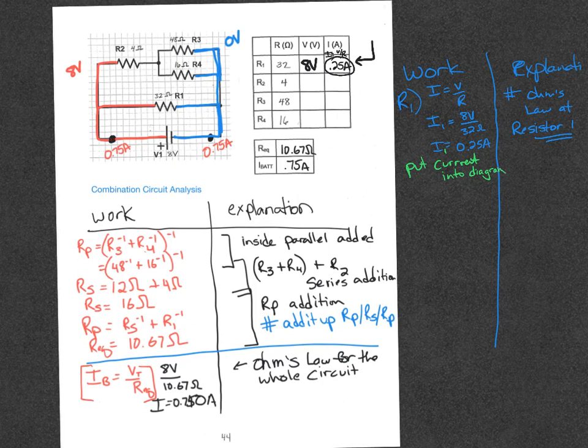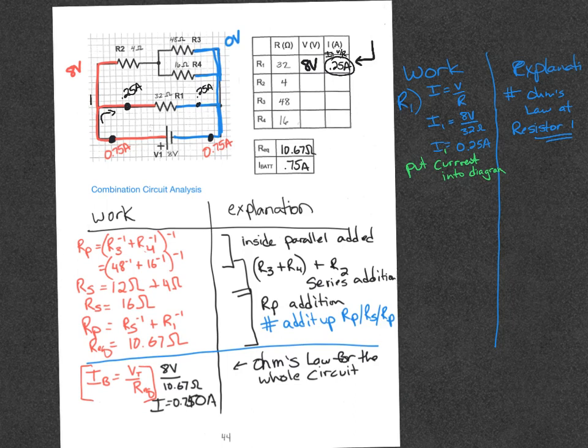Remember these little dots that remind you how much current is flowing? So I just deduced or calculated that 0.25 amps of current have to be flowing through this bottom pathway. There's a top and a kind of a middle, if you will, or bottom. And so what you notice is that a quarter of your current, you only have 3/4 to begin with, 0.75, and 1/4 goes this way.